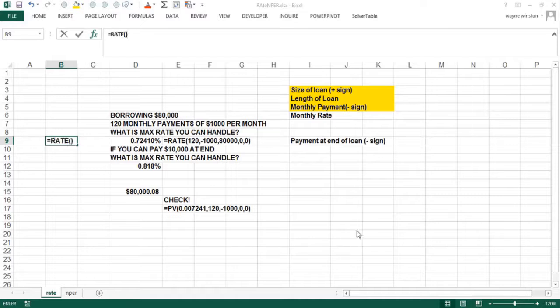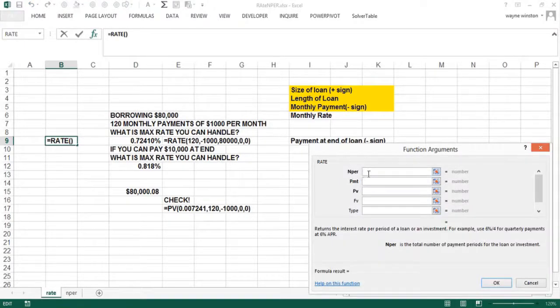Okay, so what do we know? We know there's 120 periods. We know the payment here was 1,000. The size of the loan is 80,000.